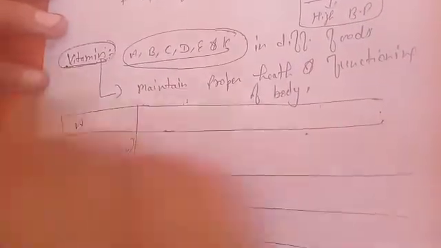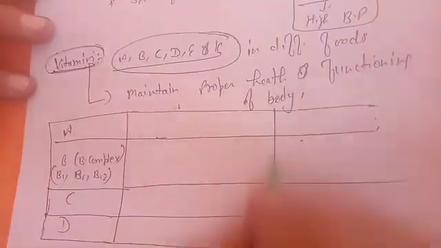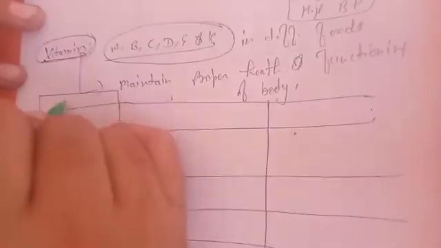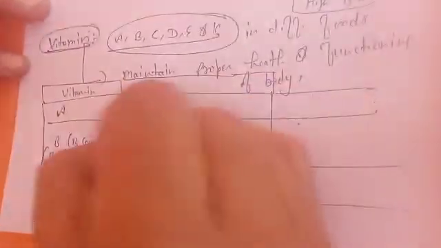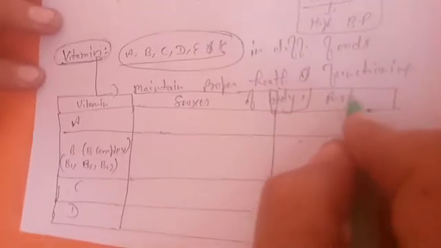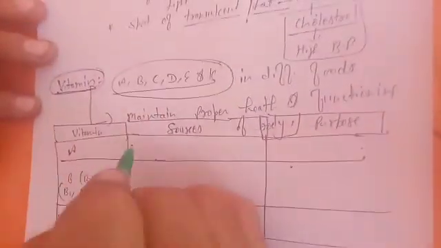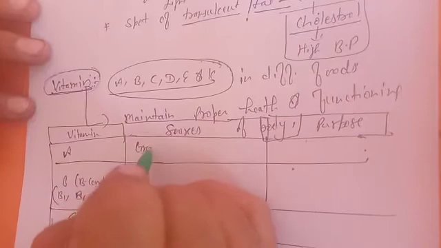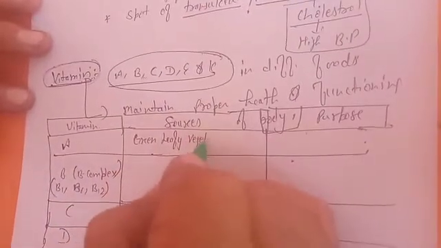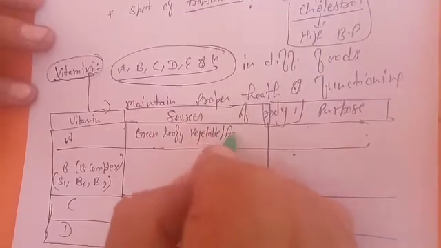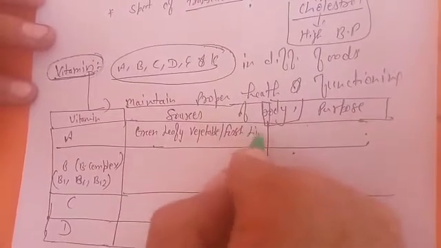So what are their sources and purpose? If you talk about vitamin A, the sources are green leafy vegetables, or you can take fish oil, fish liver oil.